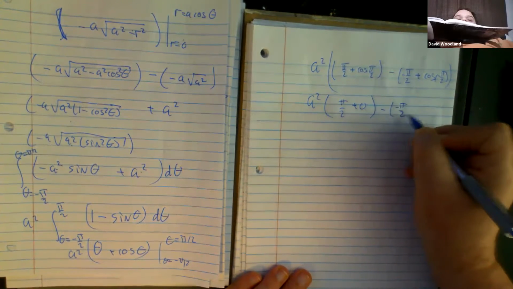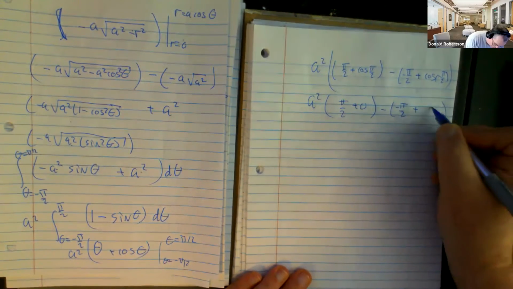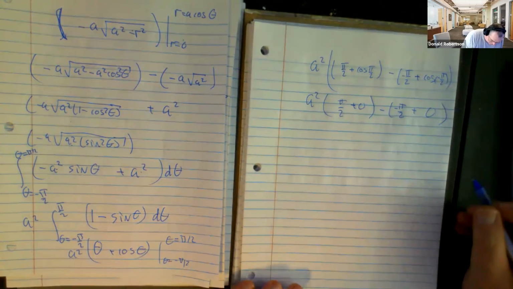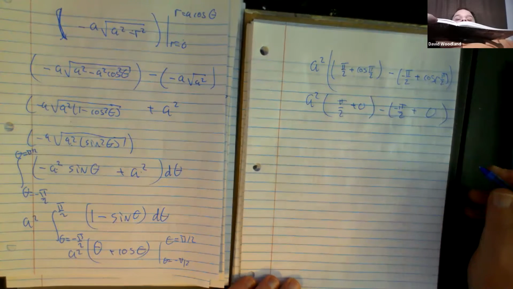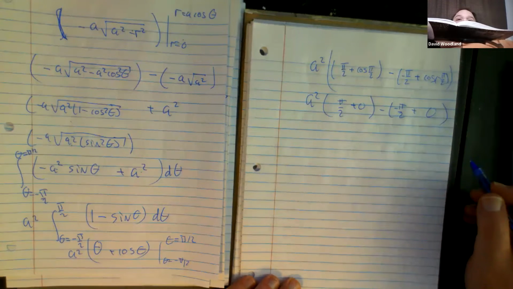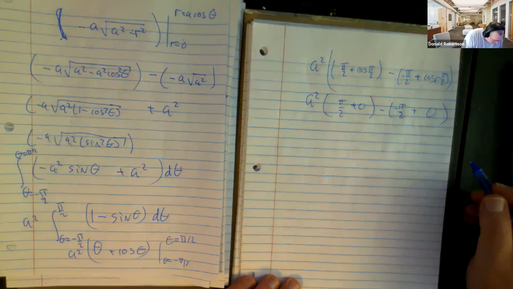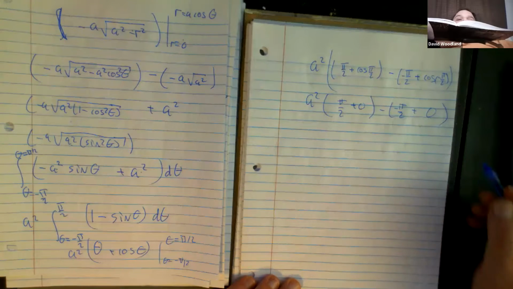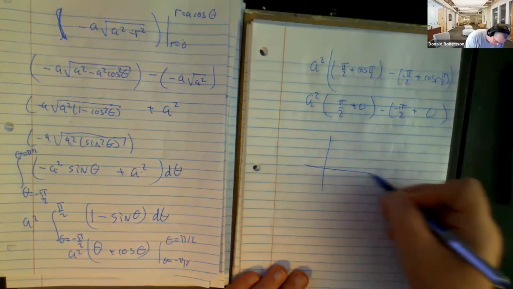Should I tell you what weird thing they did? They decided to double the thing and get rid of the negative pi over 2 and change it to a 0. And that's what I don't get, how they get away with that.